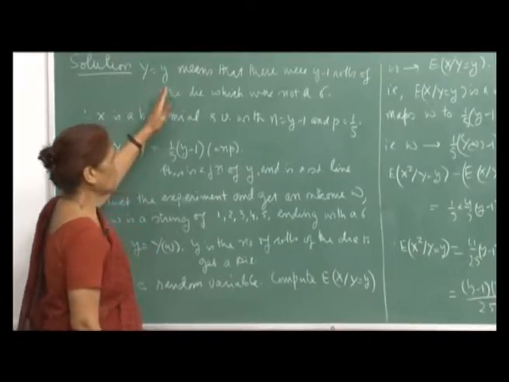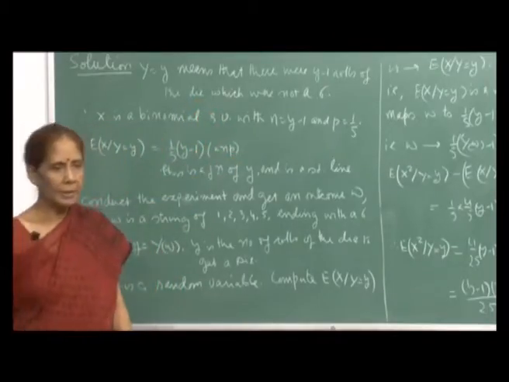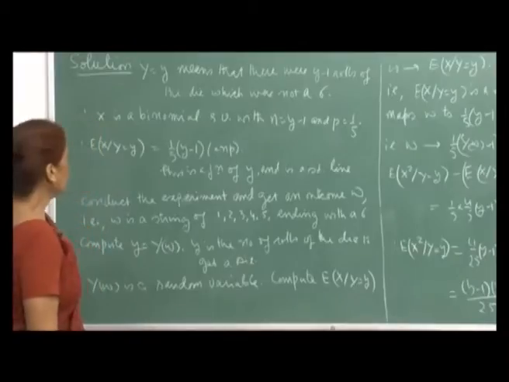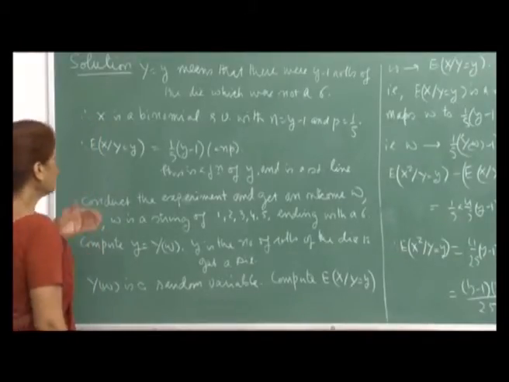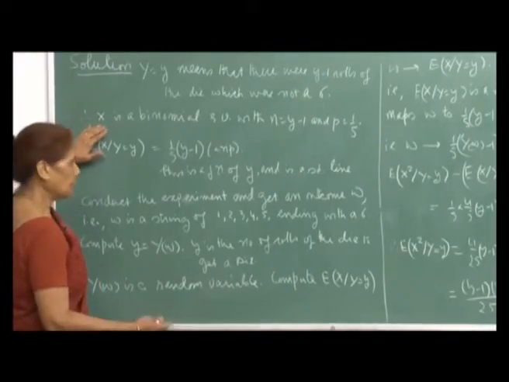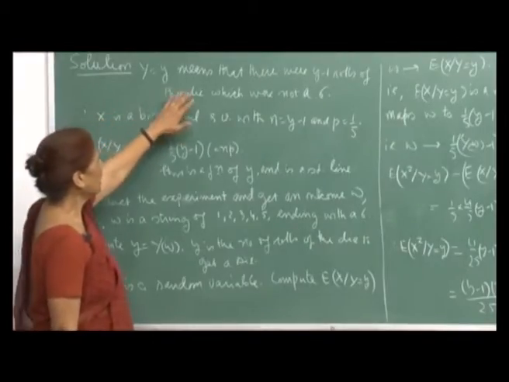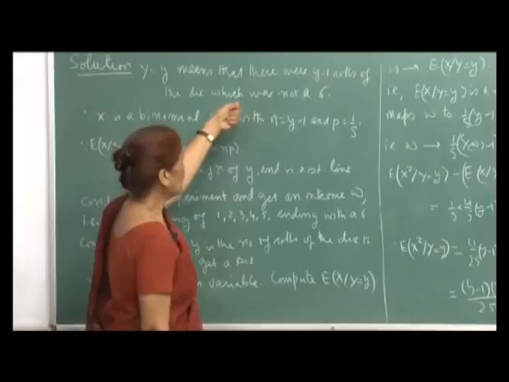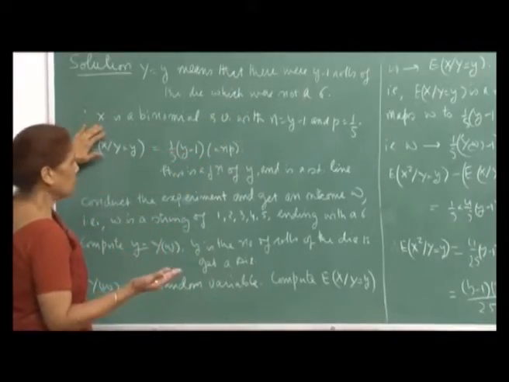All other numbers appeared, but the 6 did not appear, because the experiment will stop the moment a 6 appears. So, y minus 1 rolls did not show a 6. Now, X is the number of ones that come up before the experiment ends. So, that means in the string that you get, the y minus 1 rolls that you made of the die, X is the number of ones that show up.